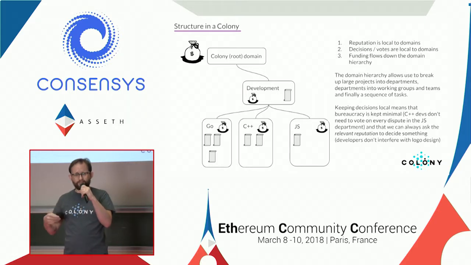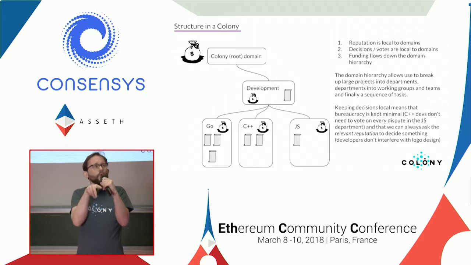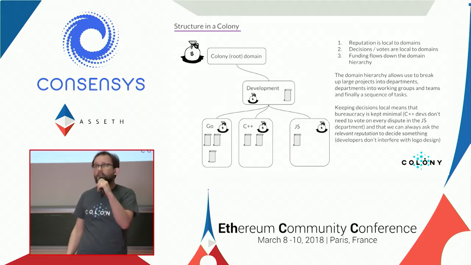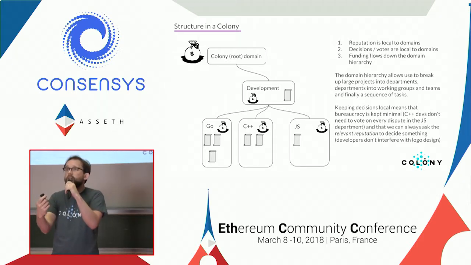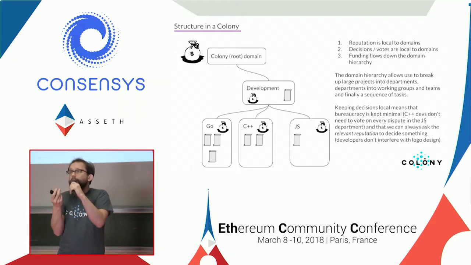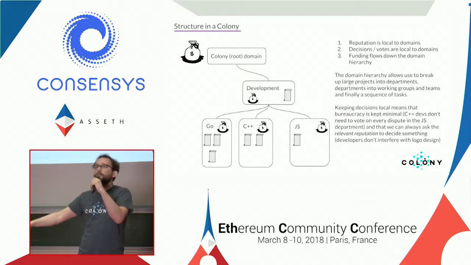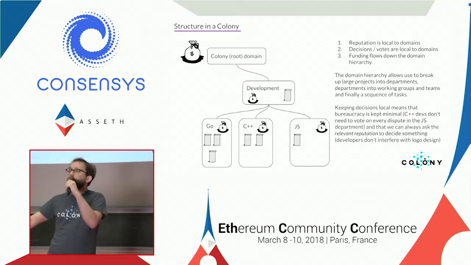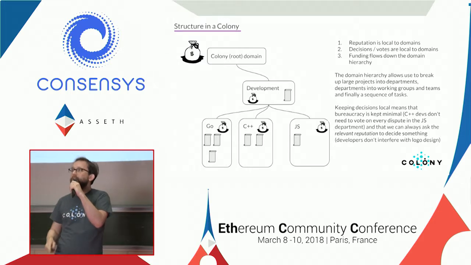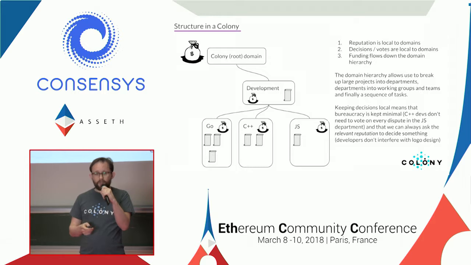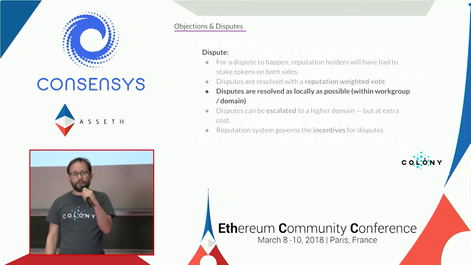Generally, when you do work in the JavaScript domain, you will earn JavaScript reputation. That's local. Well, you will earn JavaScript reputation and development reputation and colony-wide reputation. But when there's a dispute in the JavaScript department, it's only the JavaScript developers that get to vote on it at first. So we try to keep that as small as possible. That's what I mean by that.